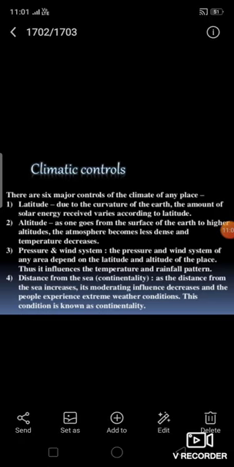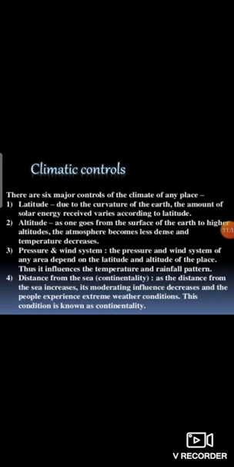Altitude, you all know that as one goes from the surface of the earth to high altitude, the atmosphere becomes less dense and temperature decreases. Pressure and wind system. The pressure and wind system of any area depend on the latitude and altitude of the place. Thus, it influences the temperature and rainfall pattern.